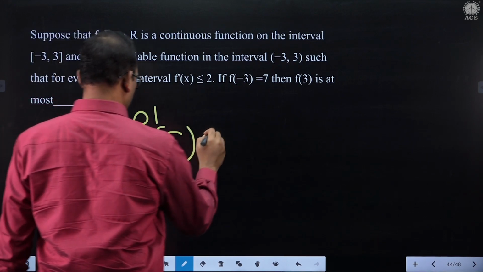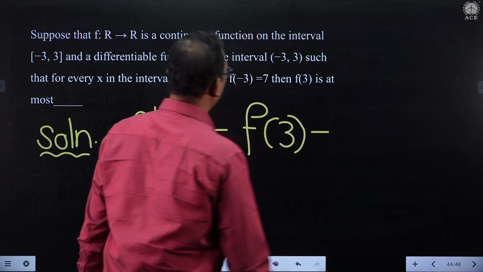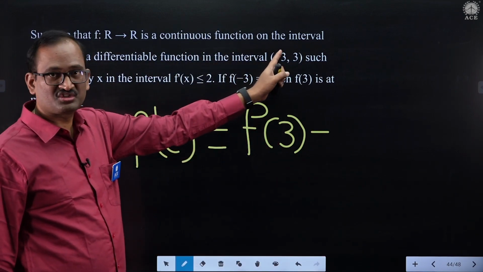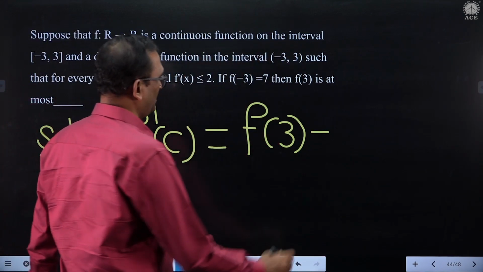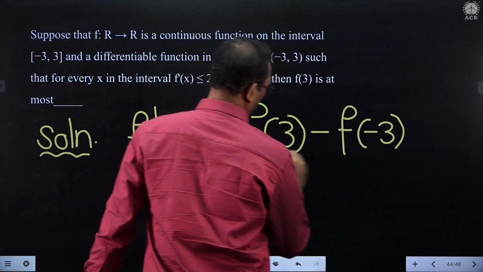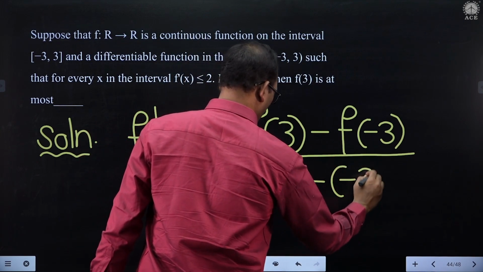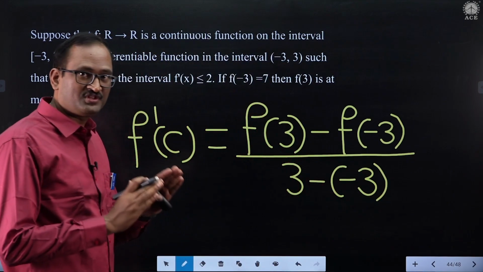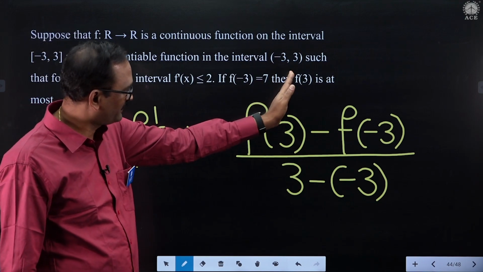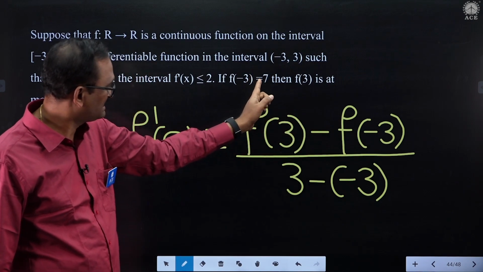f dash of c is equal to f of b minus f of a by b minus a, because interval a means -3, b means 3. Now f of 3 value we don't know, we need to find f of 3. F of -3 was given to be 7.